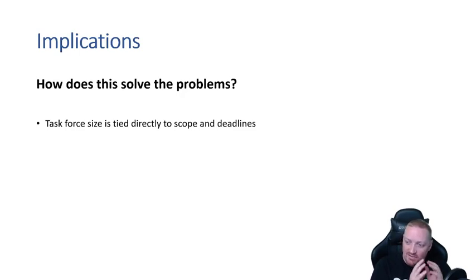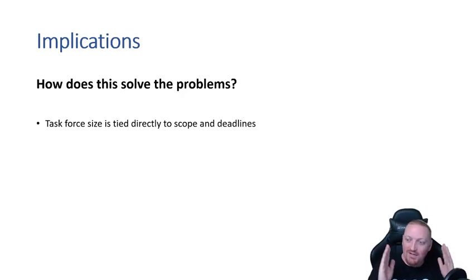As long as it's narrowly focused, then it's much easier to assemble the team that you need and tie the size of the team to the scope of what needs to be done and the deadline by which it needs to be accomplished, right? I can add more people to the team up front if I have more work that needs to be done within a shorter period of time.